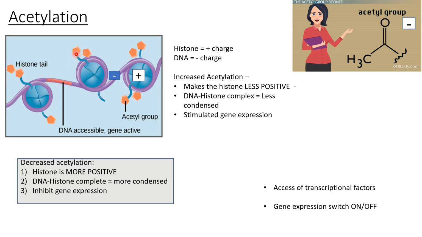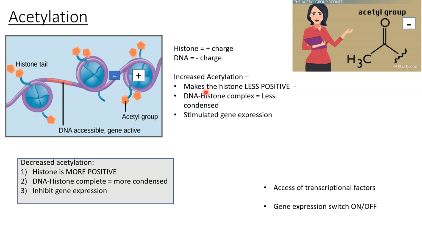So these orange pentose shapes are showing you that an acetyl, this orange is acetyl, is added to the histone. That's called acetylation. So acetylation is the adding of acetyl groups to histone proteins. If you have increased acetylation, what does that mean? Lots of acetyl added to it.